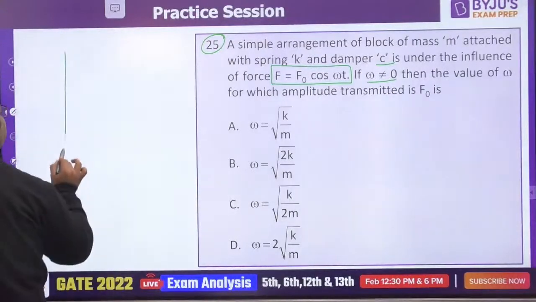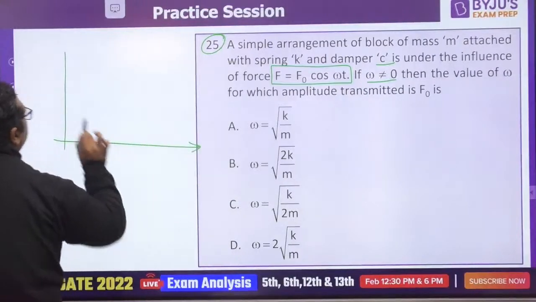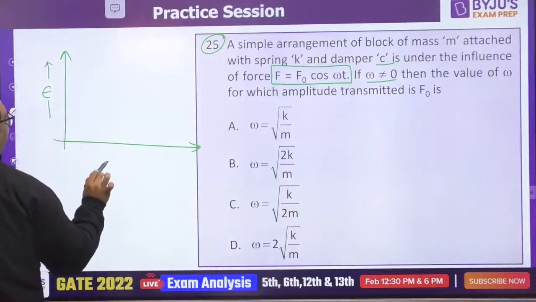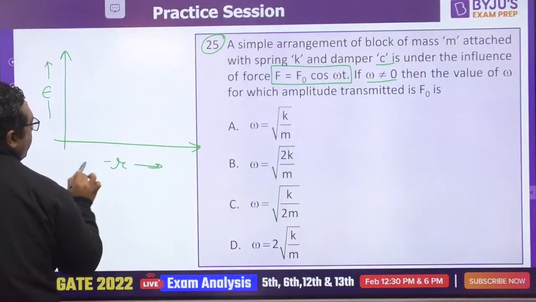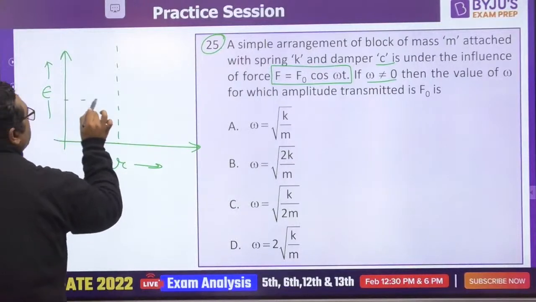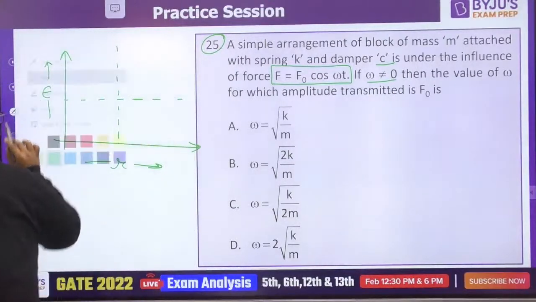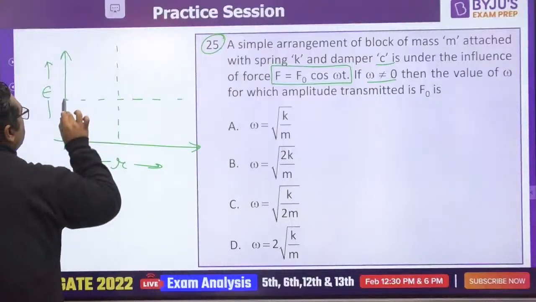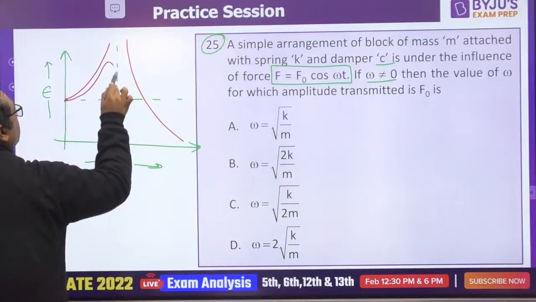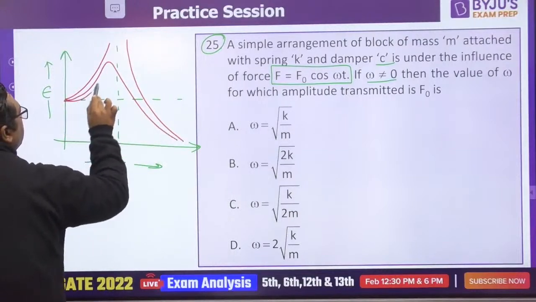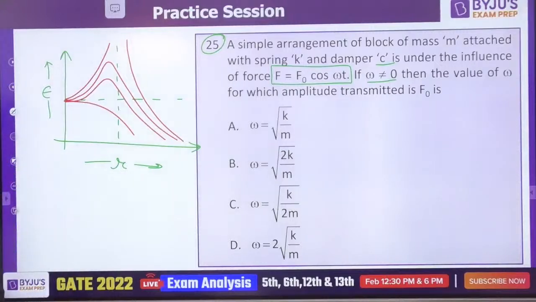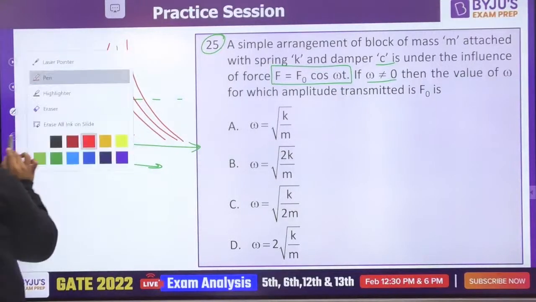For that you must have one diagram between transmissibility ratio and R. This is not the diagram for transmissibility ratio.